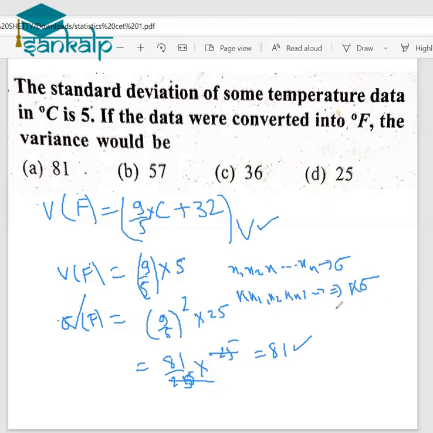In the same way, when we want to calculate the variance, we need to square it. So it will be k square sigma square.